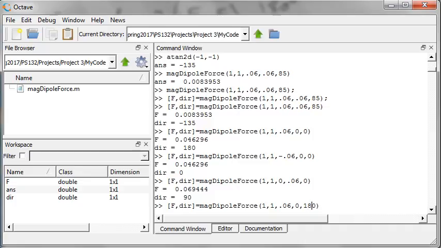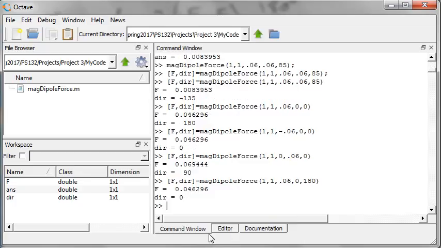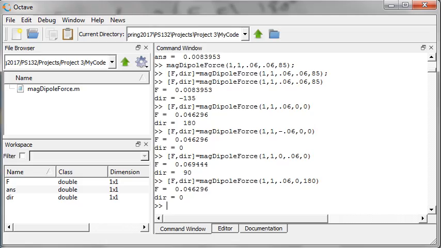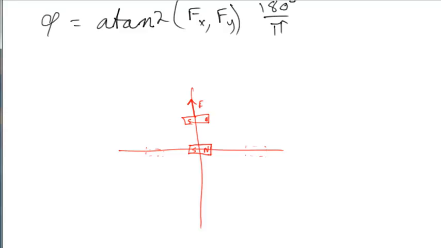So 180. So now they're pointing toward each other, North Pole to North Pole. The centers are 0.06 meters apart, both on the x-axis, and we try that. And the force on the second one, which is to the right of the first one, is directed at 0, and it's the same magnitude. So I just flipped the magnet from the orientation in which they attracted to the orientation in which they repelled.